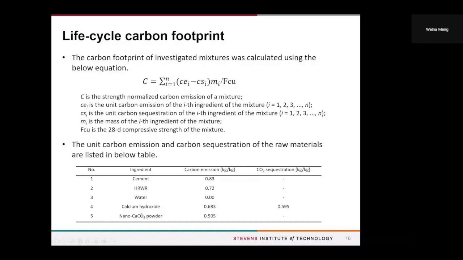Compared with the nano calcium carbonate powders, the calcium hydroxide has higher carbon emission, but at the same time, it has very good CO2 sequestration values. So we can say that the total carbon emissions for these materials is low, much lower than simply using the nano powders.